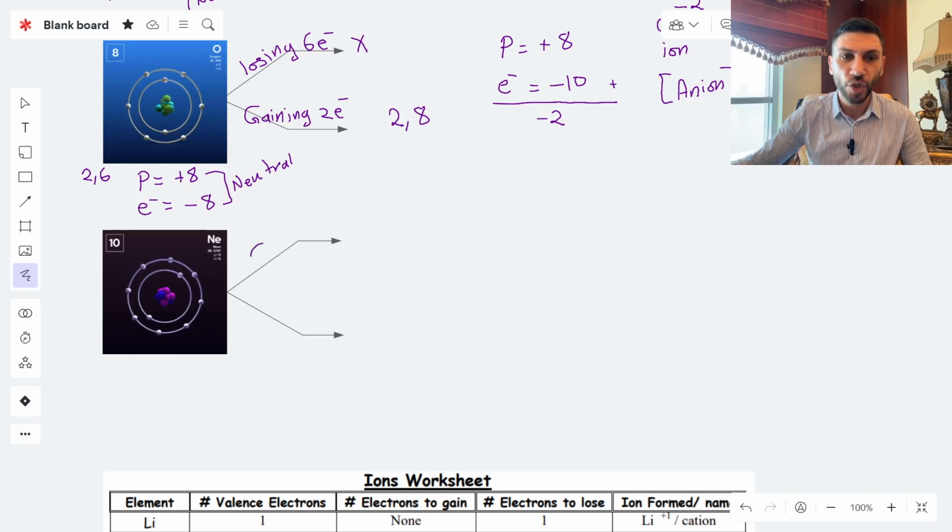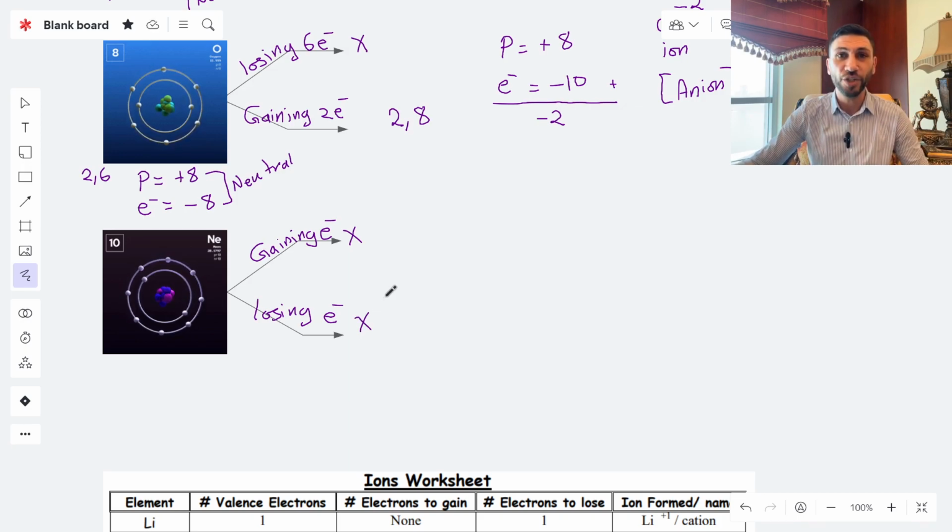So there is no gaining electrons, and there is no losing electrons. That's why noble gases are called very inert, because they do not react with other atoms, because they don't have to. They already have 8 electrons in their outer shell.